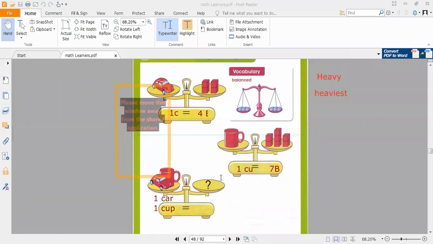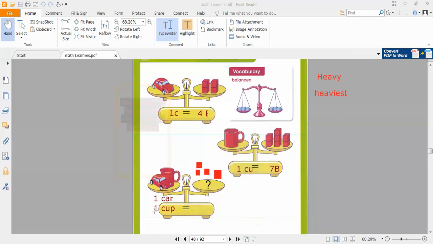How many blocks, dear? 4. That is for car. For car, we will use 4 blocks. Okay, let's make it 4 blocks. 1, 2, 3, 4.